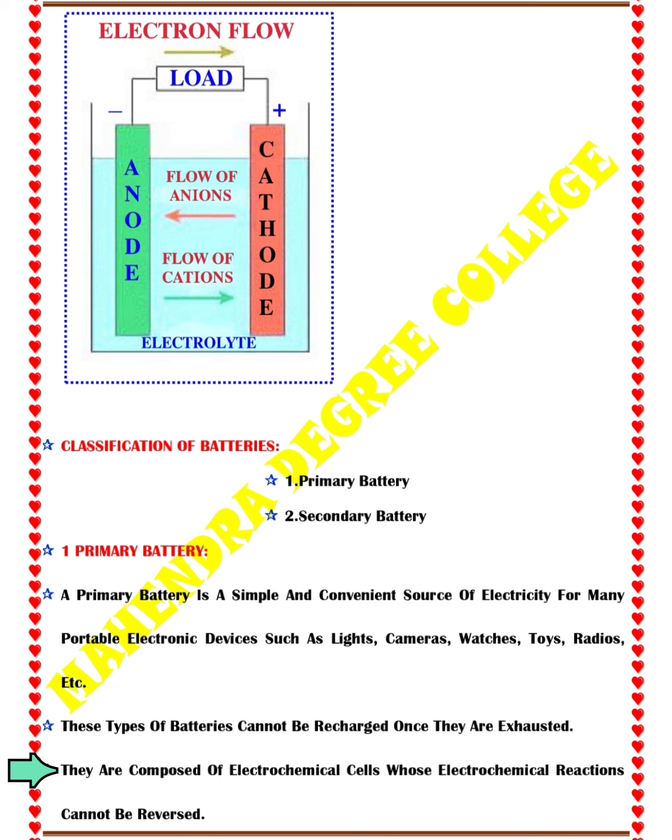The final explanation: primary batteries produce electricity through one-time chemical reactions. These reactions cannot be reversed, so the battery cannot be recharged.